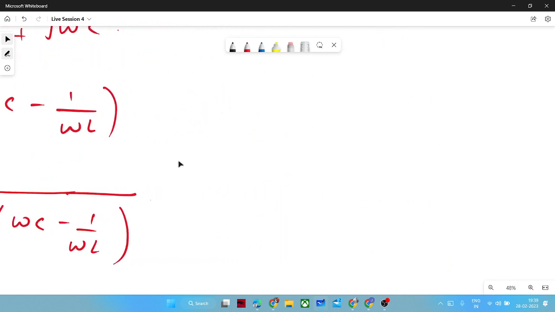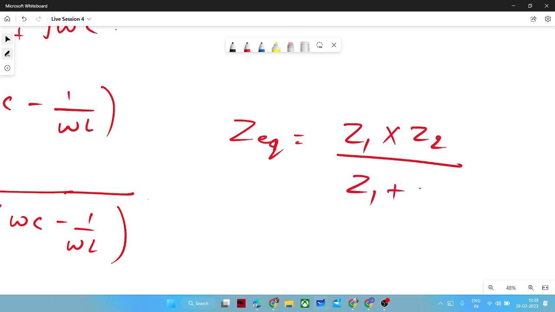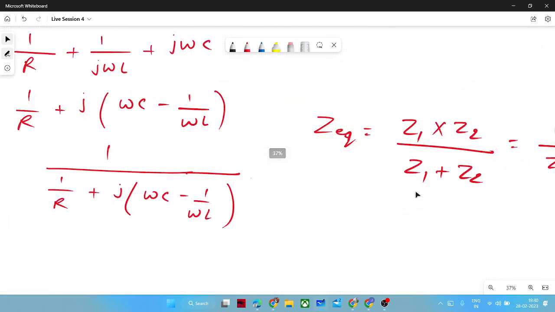And if two elements are connected in parallel, then you can directly write Z equivalent is equal to Z1 into Z2 divided by Z1 plus Z2. This is nothing but the simplification of 1 by Z1 plus 1 by Z2. So this is just simplification and manipulation. I hope it is clear.